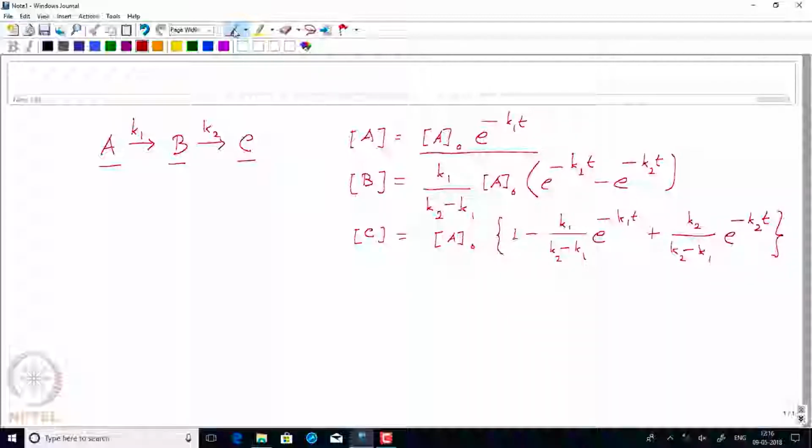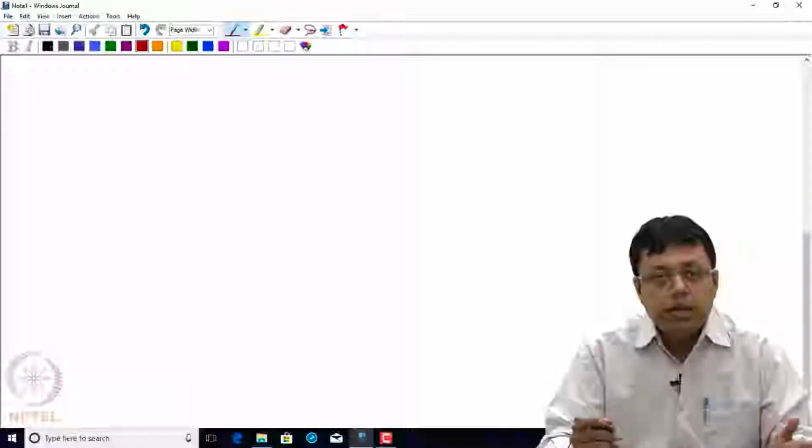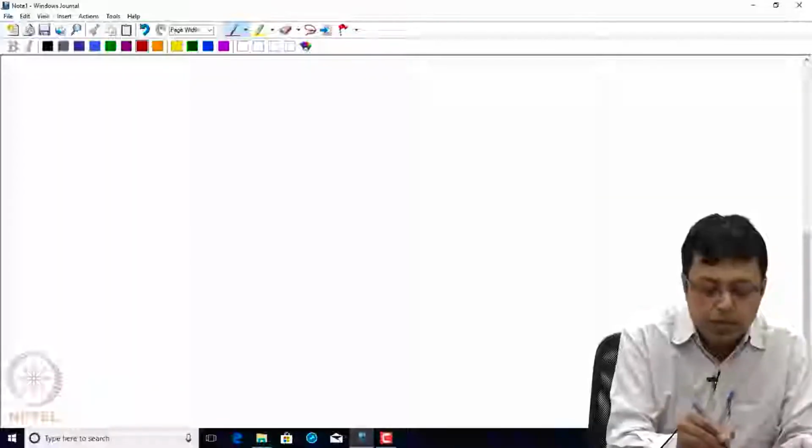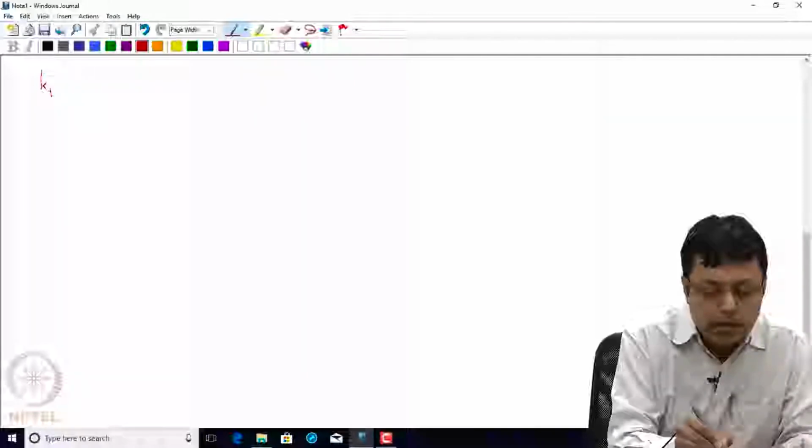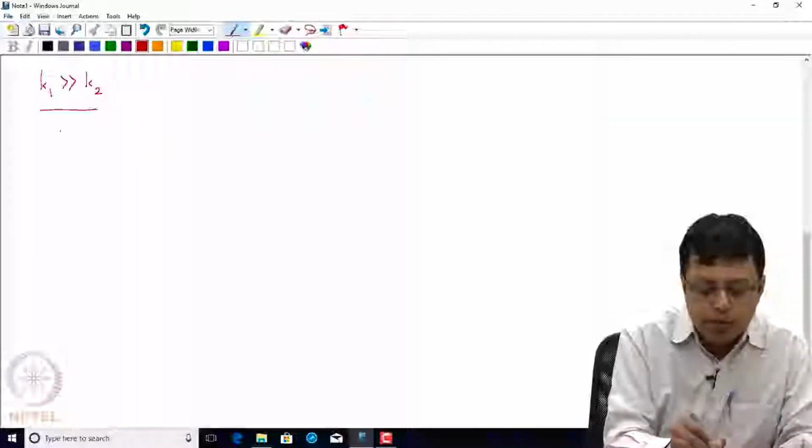Now, using these equations, we can plot the concentrations of A, B and C with respect to time. It will depend in this case on the relative magnitudes of K1 and K2. Now, let us first assume that K1 is much greater than K2. In this case, what will happen?